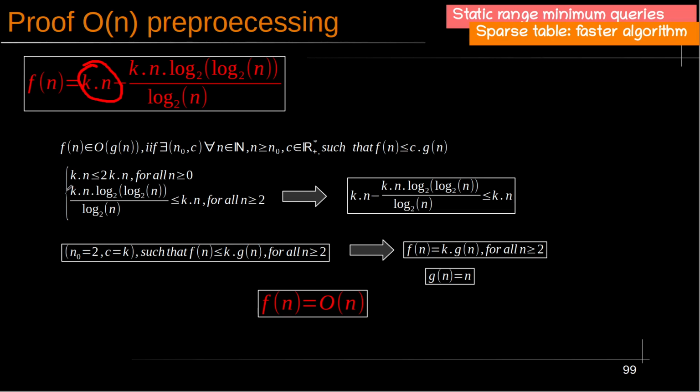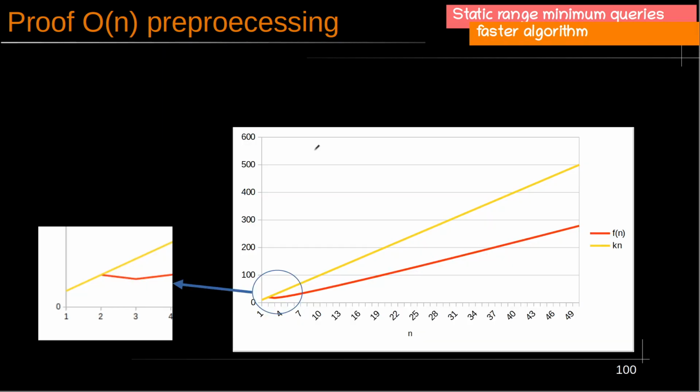Now, can we say for the second part of the function, after the minus, that k times n times log base 2 of n over log base 2 of n is less than or equal to kn? Let's see here in the graph.